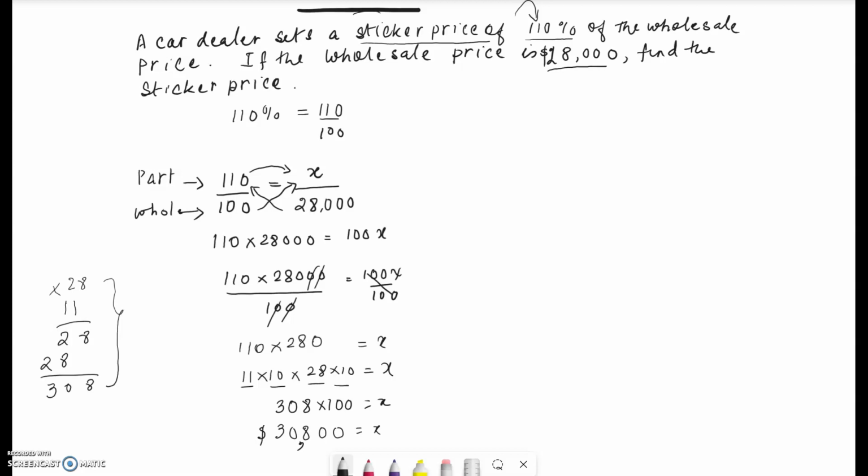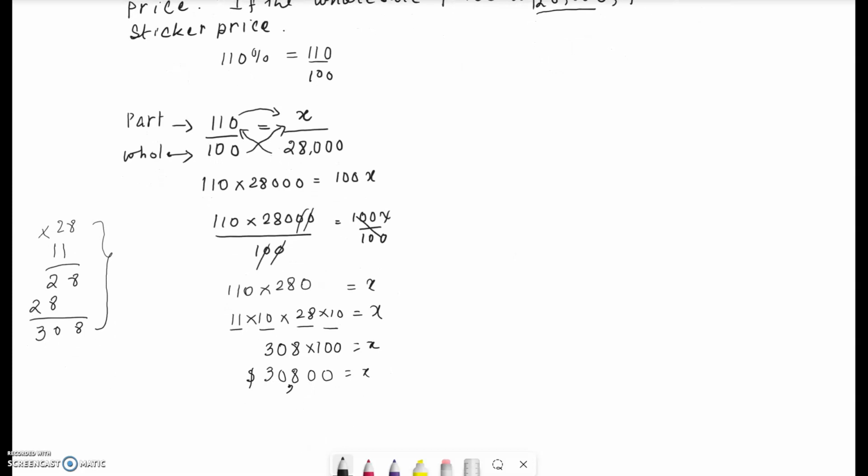What this means is that if the wholesale price is $28,000 and the car is marked up by 10%, so 110% of 28,000 is 30,800, and it makes sense because it's slightly bigger than 28,000.